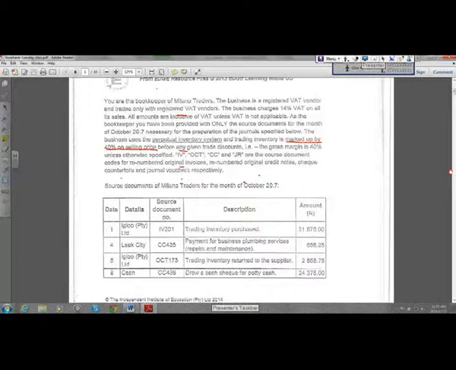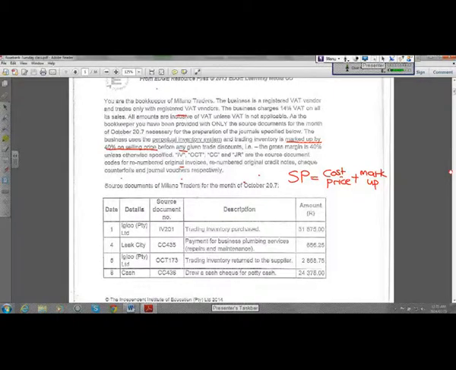Let's start by saying selling price must be equal to the cost plus your markup. Because when we set our selling price, we say how much has it cost us, and then we add profit, and that becomes the selling price.